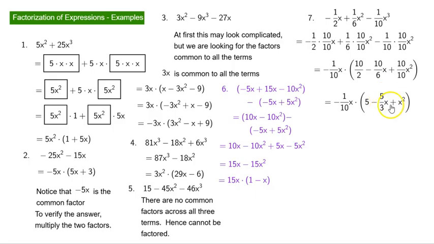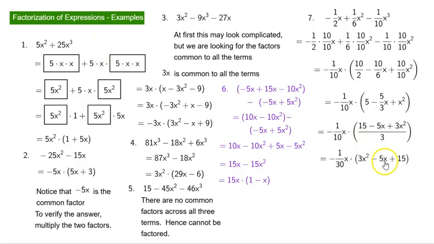So minus 5 by 3x plus 10 by 10 is 1, x square. Now let's combine all these. So minus 1 by 10x times 15 minus 5x plus 3x square. 3 in the denominator is common to all of them, so we can take it out. So minus 1 by 30x times 3x square minus 5x plus 15.